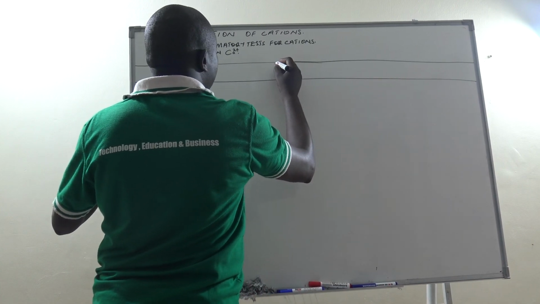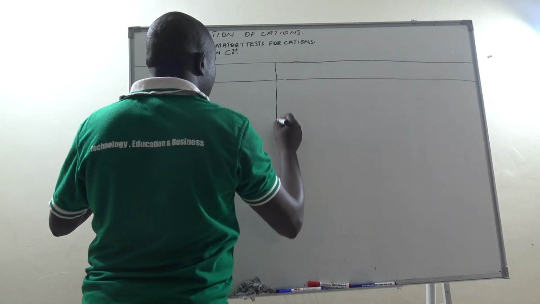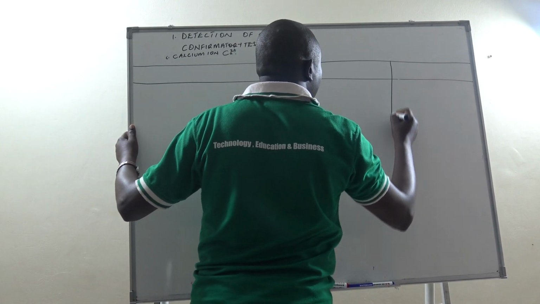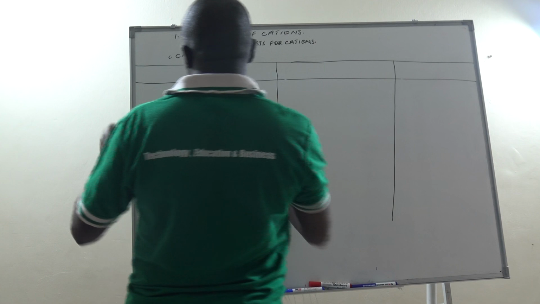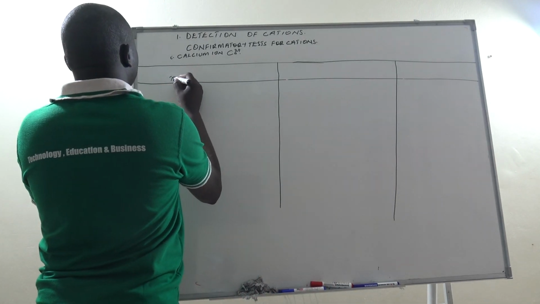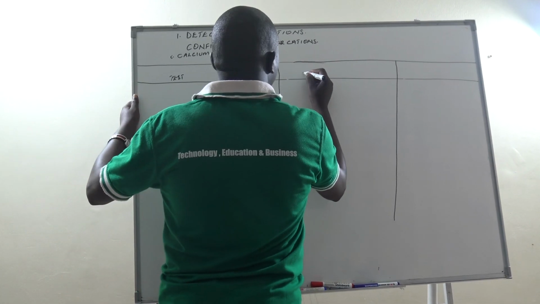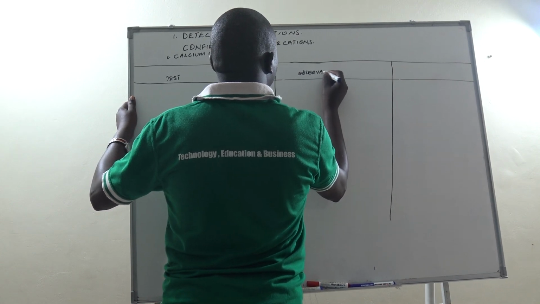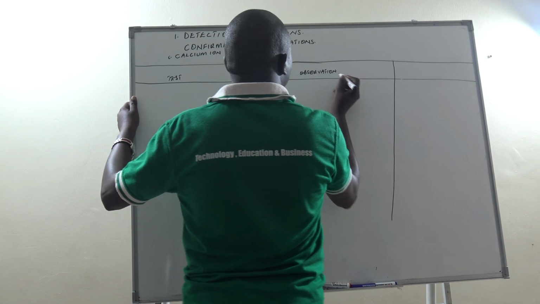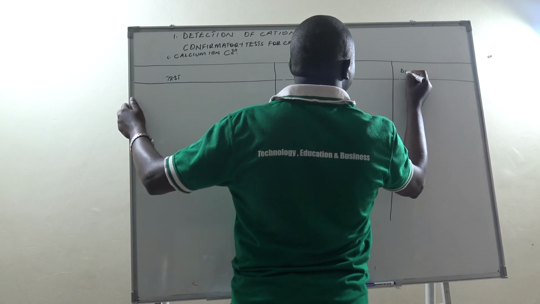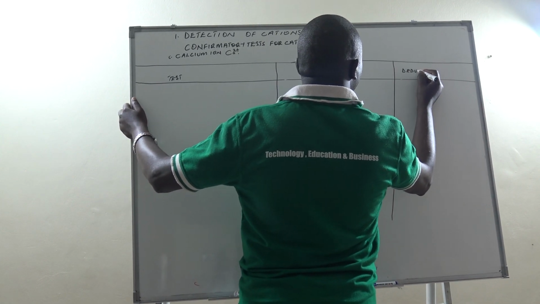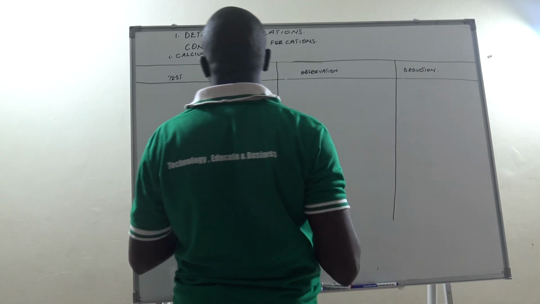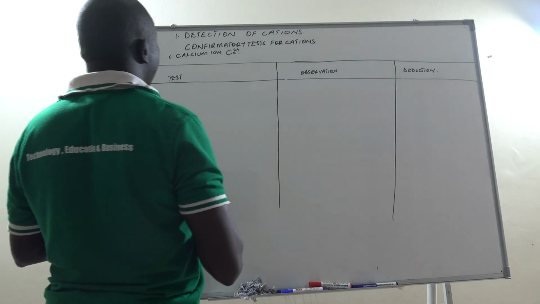So test, observation, and then the deduction. Remember, we are dealing with solutions in this case, so we are looking at solutions containing some of these cations here. Let us start with calcium ion.